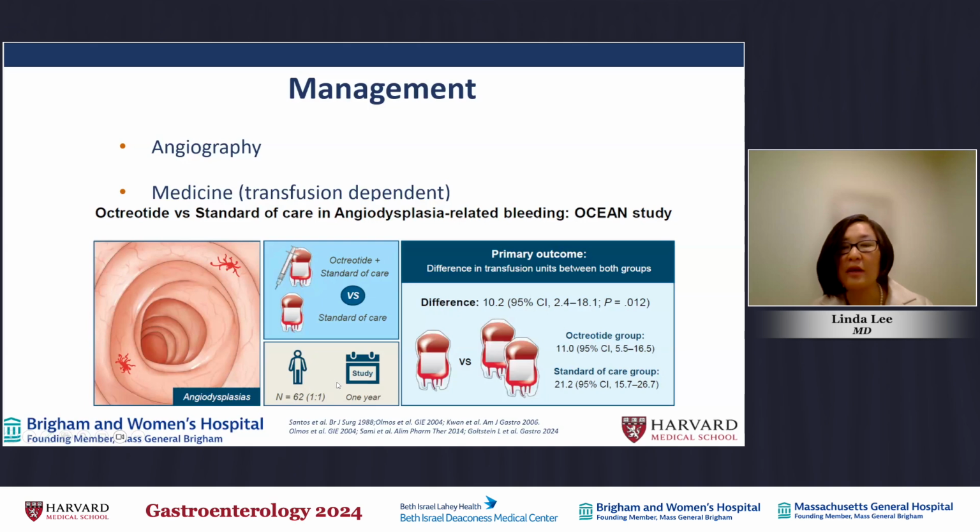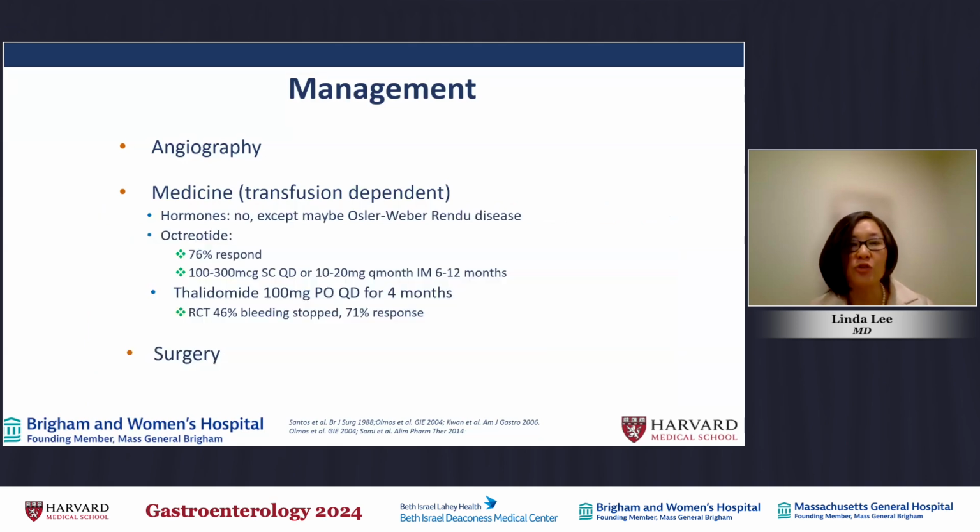What you can see there is their primary outcome was difference in transfusion between the two groups. And you see there's significantly decreased amount of transfusion needed in the octreotide group compared to the standard of care group. Whether or not endoscopy was performed was left to the discretion of the physicians in this group. But don't forget about octreotide.